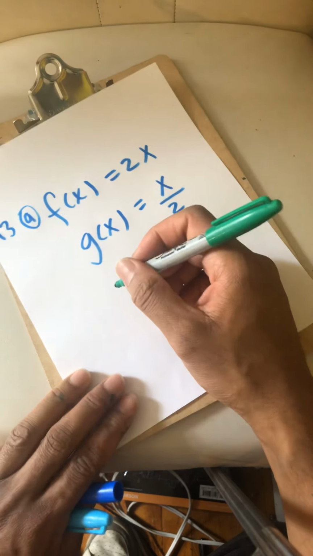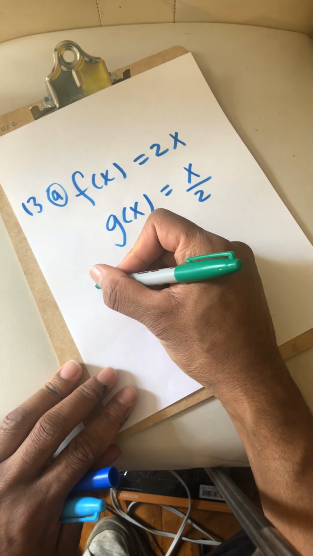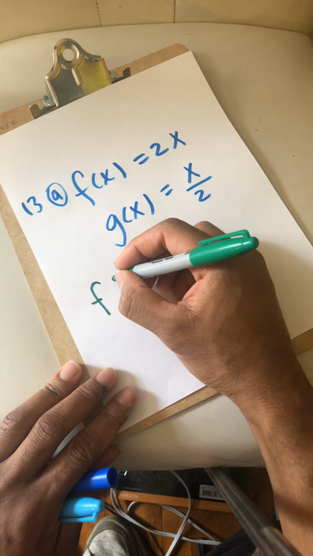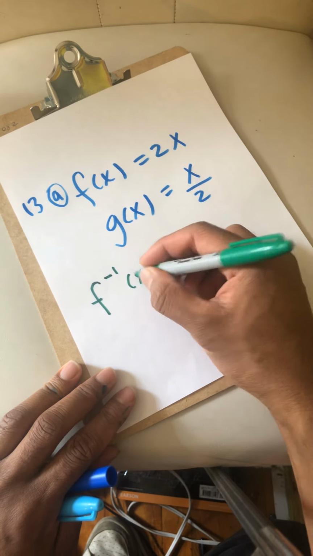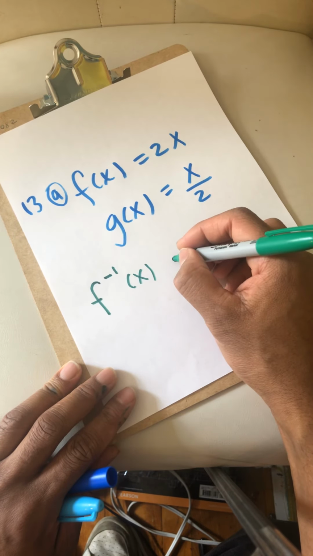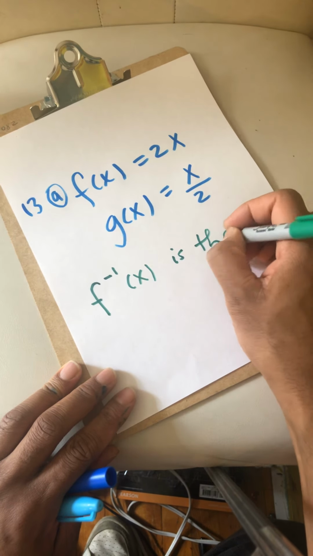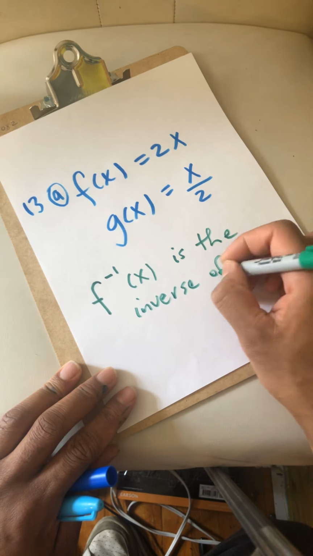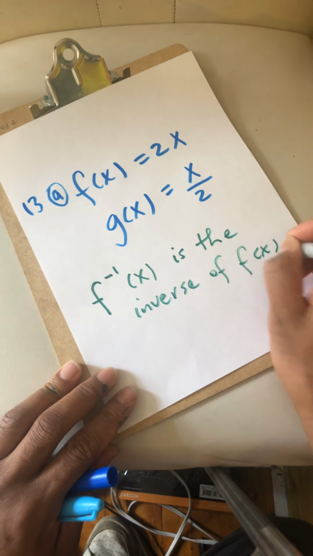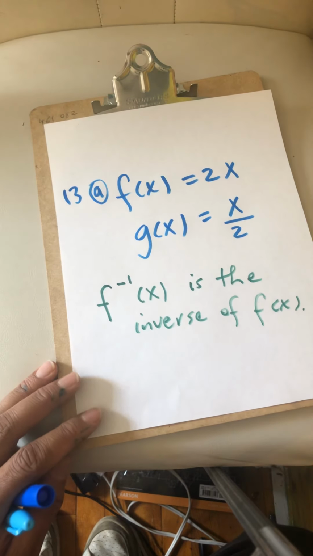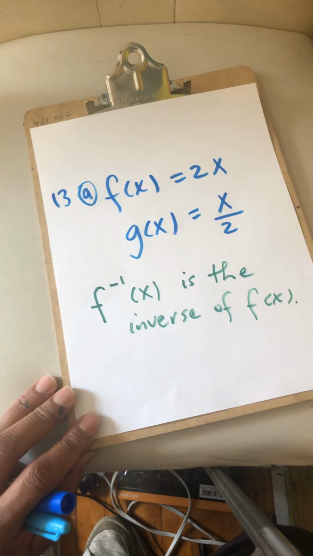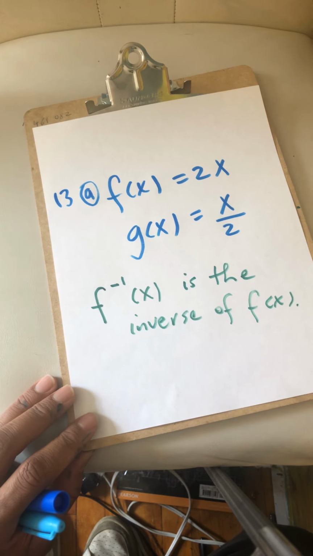Well, if they're inverses of each other, let's use a notation before we go ahead. f inverse of x is the inverse of f of x. That's what was mentioned in class, right? So what we want to happen is, whichever direction you compose in, you should get back x as your output.